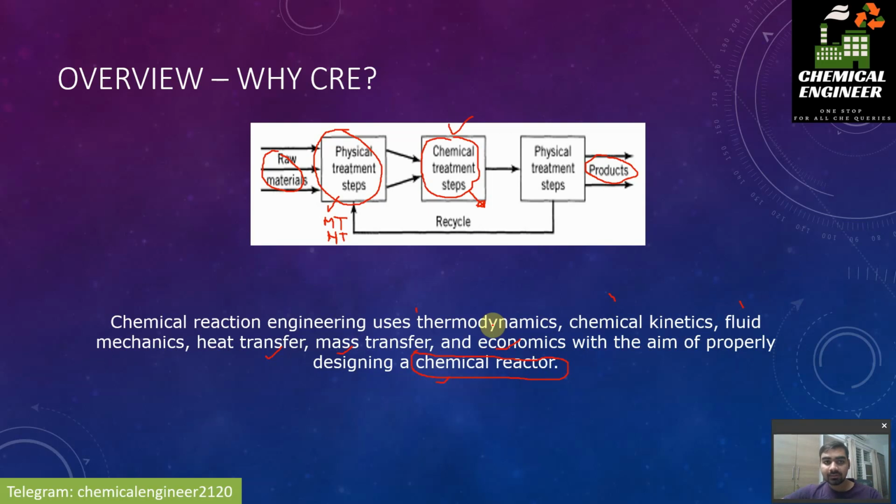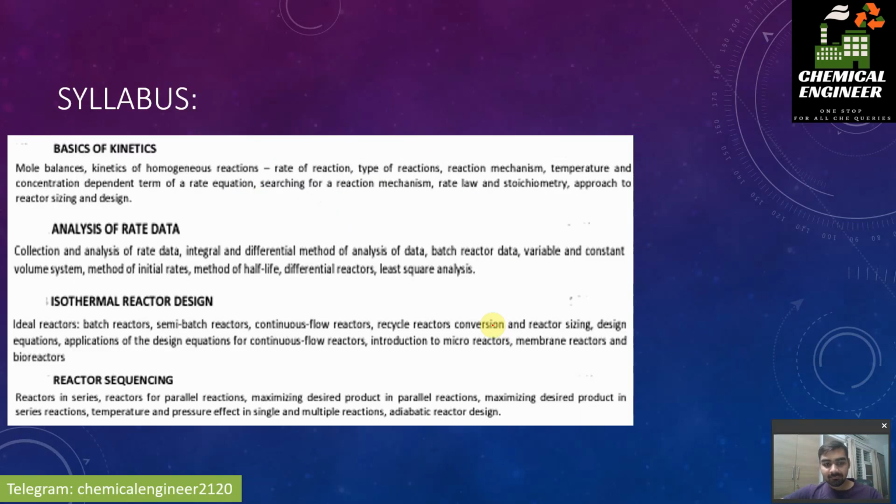Now let's go to the syllabus. I will be covering this whole subject in less than 30 videos, and in those I have divided it into 8 chapters in total. The first chapter will be basics of kinetics, in which we will do mole balance, then homogeneous reactors and their kinetics.